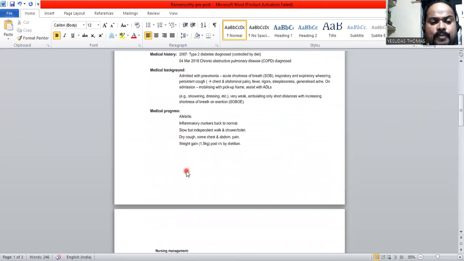We need these two paragraphs. The first paragraph, let's go with the medical background. He was admitted with pneumonia. It means he had pneumonia and he was transferred to the hospital for the treatment of pneumonia.